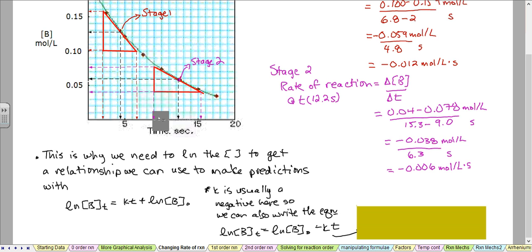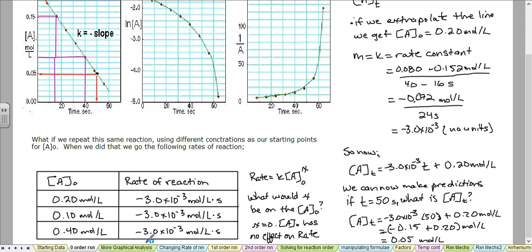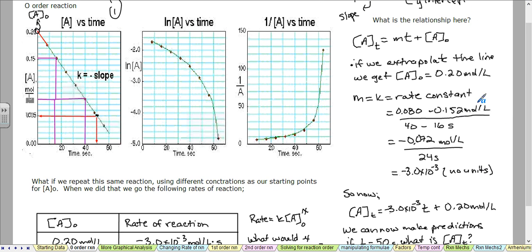Now the equation of the line, when we ln things, still stays the same. This is still y, this is still mx, and this is still b. All we've done here is we put an ln out in front of our concentrations. So if we were to flip back to our zero order reaction, we've got concentration whenever we want is equal to mt plus a, our initial concentration of our reactant.